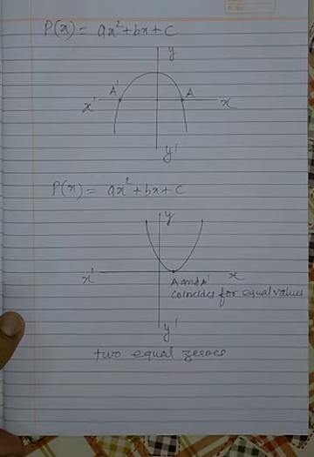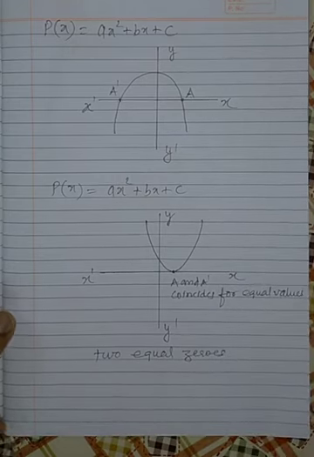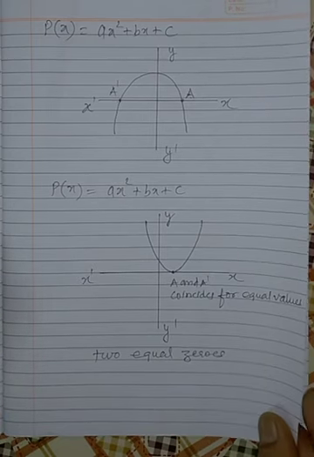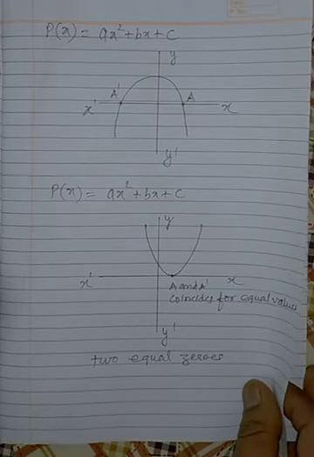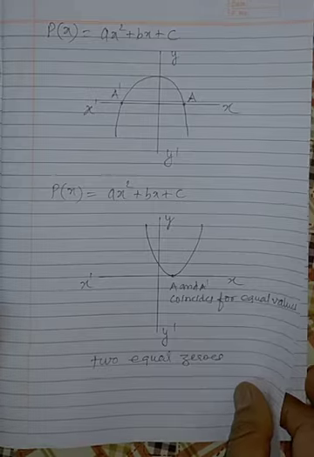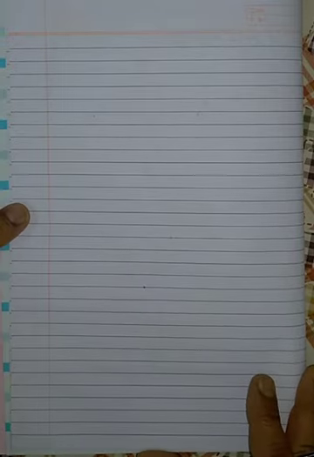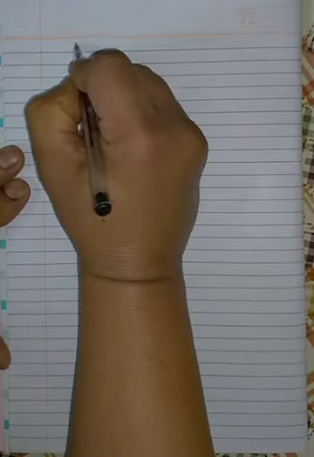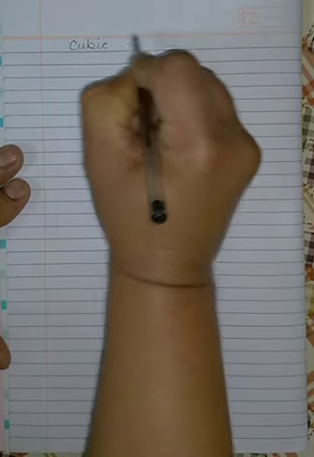Now let us see the graphical presentation for cubic polynomial. The cubic polynomial is not in our syllabus. That means finding the zeros for a cubic polynomial will not be done as it is not in the syllabus, but the graphical presentation for the cubic polynomial we have.